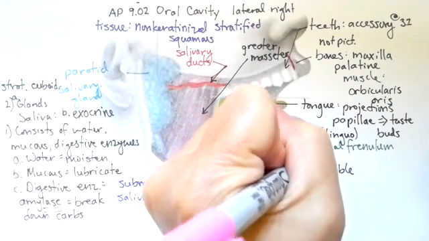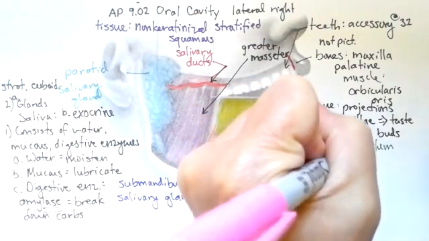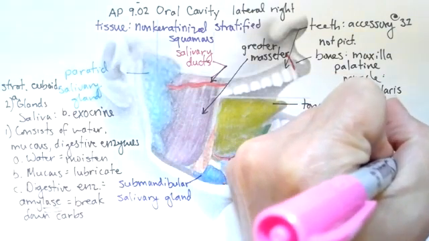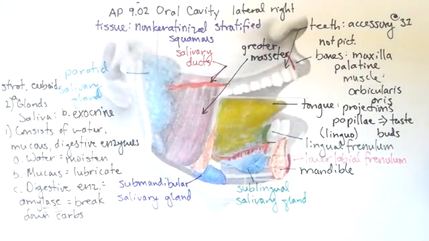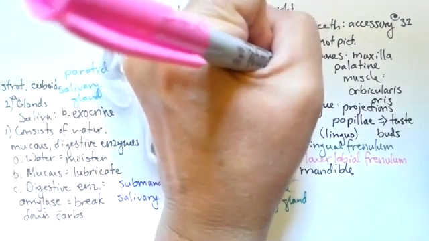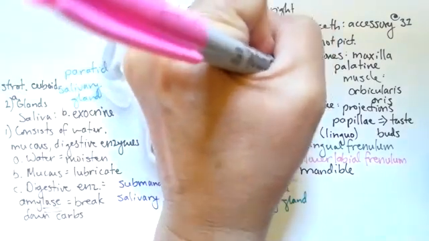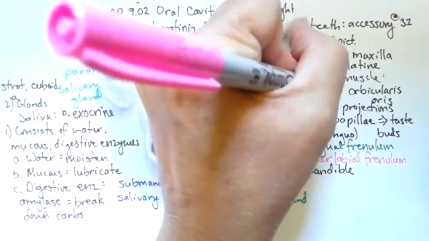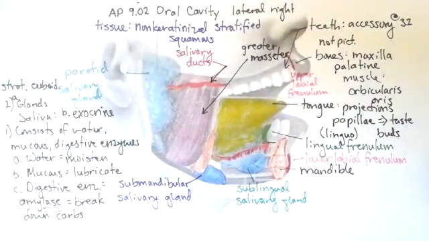This is going to be the lower labial frenulum. And the one up above is going to be called the upper labial frenulum. Labial means lip. So anytime you see labia, that means a lip, basically. And you have two more frenulum that attach the lip to the gum.